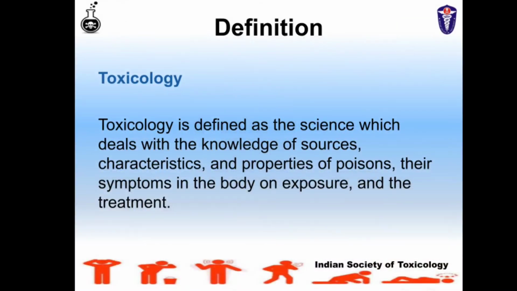What I will be giving you is a well accepted definition, which I think will give you an idea as to what the subject is all about. As given here on the slide, toxicology is defined as a science which deals with the knowledge of sources, characteristics and properties of poisons, their symptoms in the body on exposure, and the treatment.